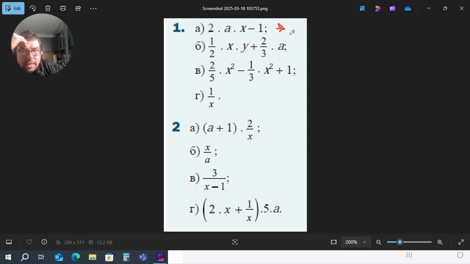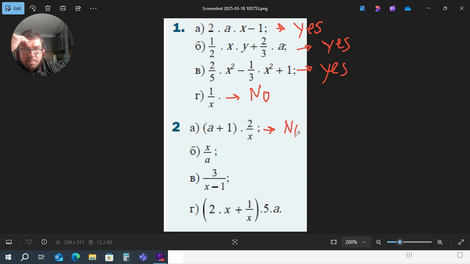We don't see any variable in the denominator, and therefore yes, this is a whole expression. What about here? No variable in the denominator, so yes. What about here? Again, no variable in the denominator, so yes. What about here? There is a variable in the denominator, no. These are whole expressions. The last one is not.